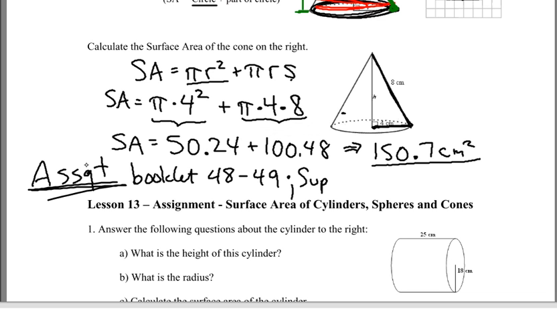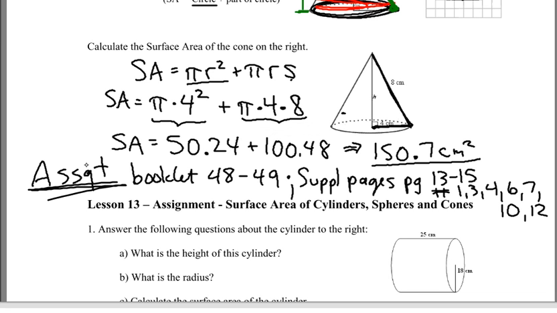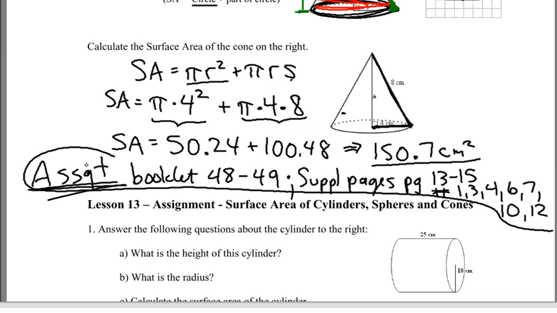Working with that supplemental page booklet, I want pages 13 to 15, questions number, you don't have to do all of it, 1, 3, 4, 6, 7, 10, and 12. If you have questions, or do those questions, you will be in good shape getting ready for the assessment.